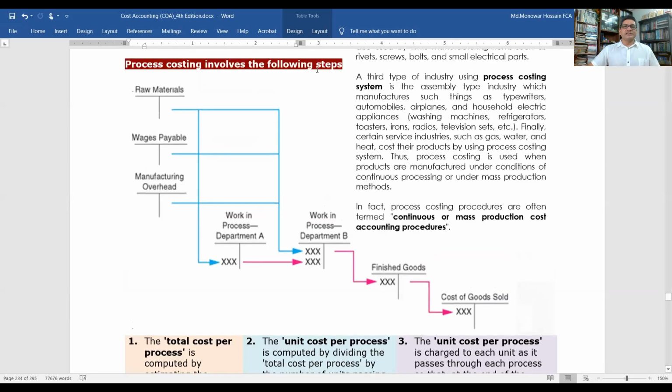So if we see here, material, wages, and manufacturing overhead go to work in process in department A, and that also goes to work in progress for department B as the input item, and the output item of department B goes directly to finished goods, which becomes the cost of goods sold.